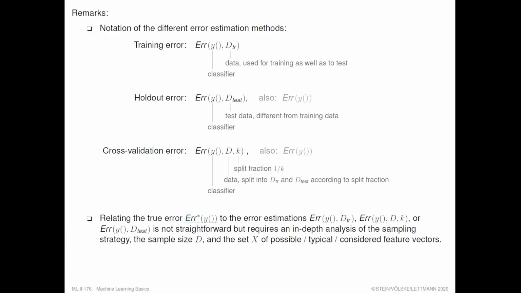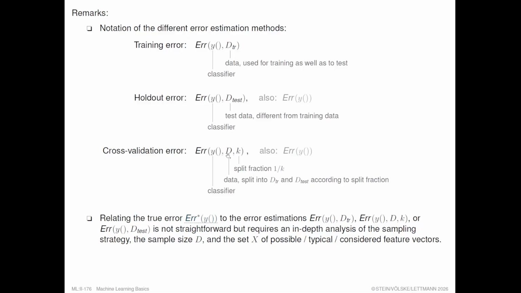Here we have a smaller explanation of what these components are. You can have a look at this later, but basically the idea is that you put in your classifier and a data set, which can be quite small, but you shouldn't make it too small. For the holdout error, you test it on different data than you trained on. That's the idea.